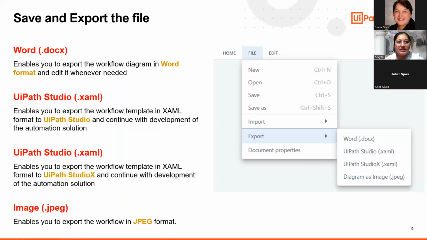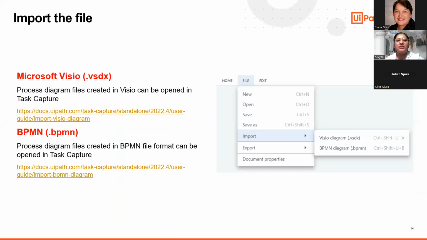So let's continue with our next topic, which is importing the file. Here we have 2 options available. Right now we have only 2 types of import that we can do, which is from VCO diagrams and BPMN diagrams.